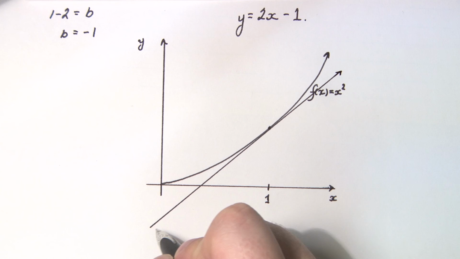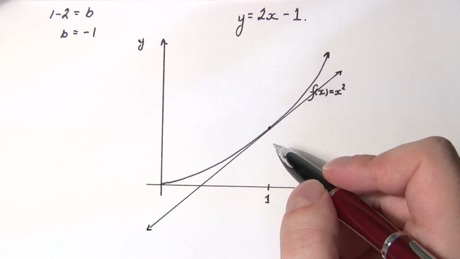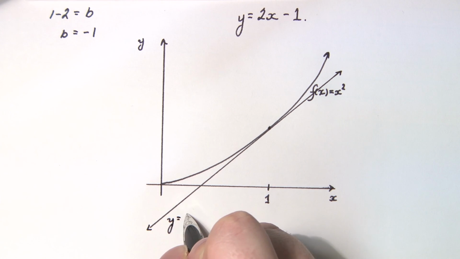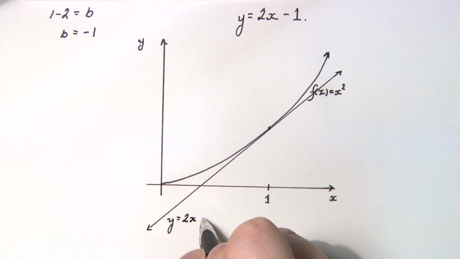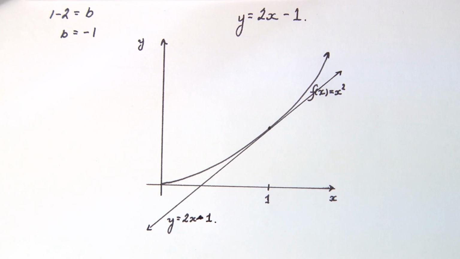So it would roughly have a slope of 2. So this would be y equals 2x minus 1. And that's it. That's an example of finding a tangent to a curve at a point.